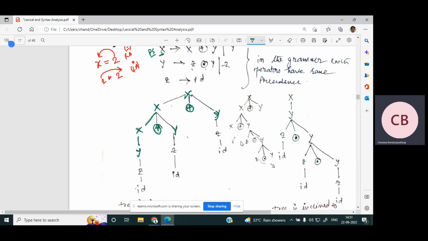Instead of z to id, if I had considered y to z XNOR y, correct? And again, you can check that y again can be expanded to z XNOR y, and again y can be expanded to z XNOR y.